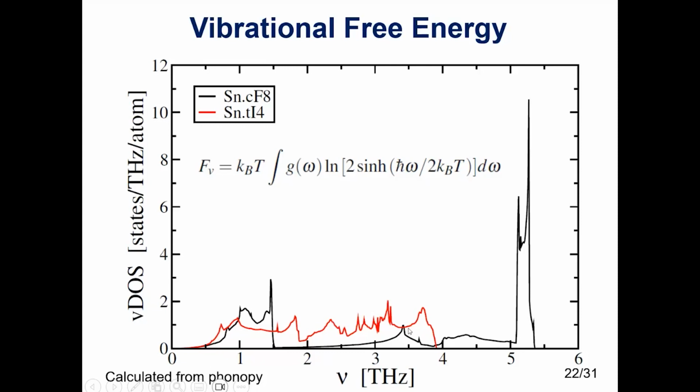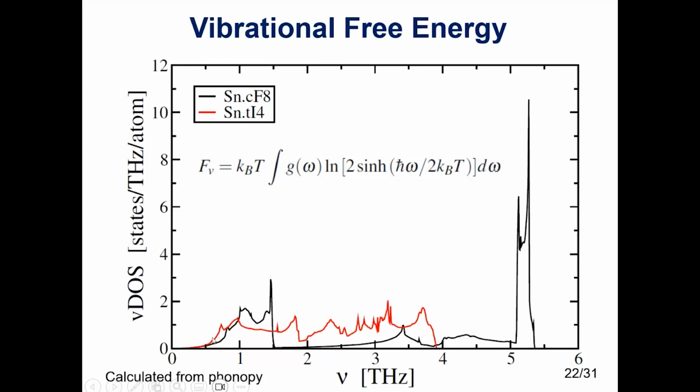I show you in black the calculated vibrational density of states for the diamond structure, CF8, face-centered cubic with an 8-atom unit cell. Yeah, that's the structure of diamond. And then in red, we have the Ti4 tetragonal high temperature structure of tin. And you see their vibrational densities of states are quite different.